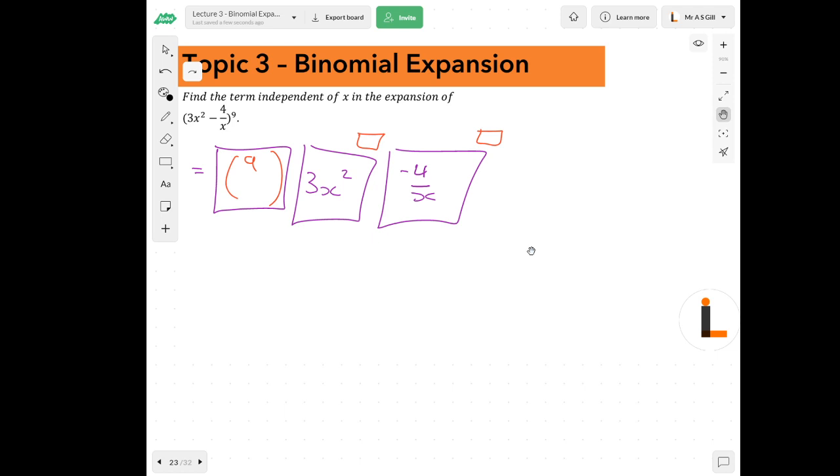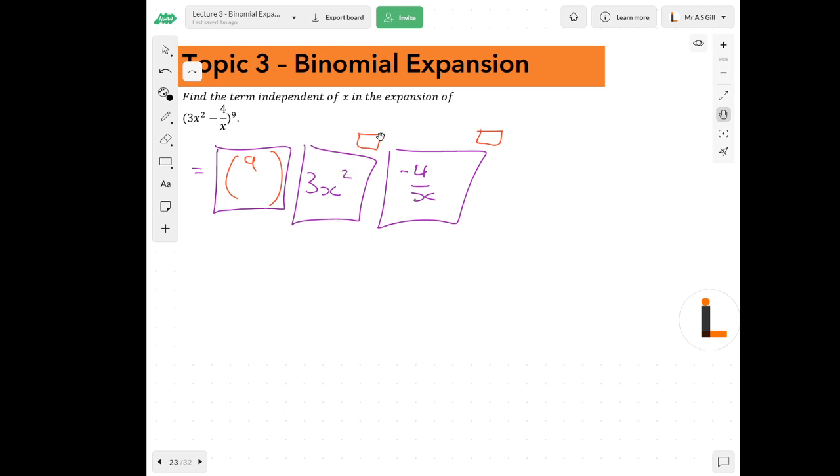So from here, this index is going to be multiplied by 2. This index is just x to the power of 1. They both have to add up to 9. So what we're saying is that this must be double this value in order to account for the fact that we've already got a squared here, right?